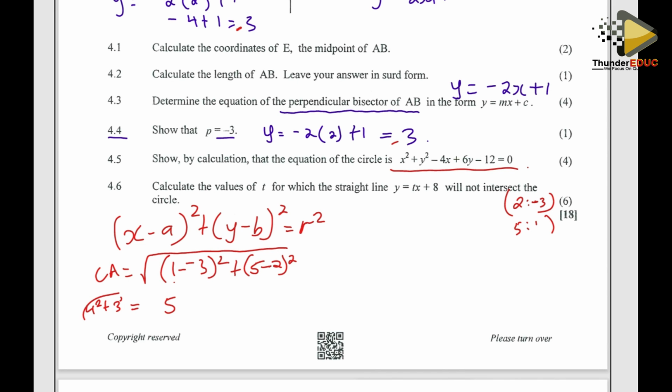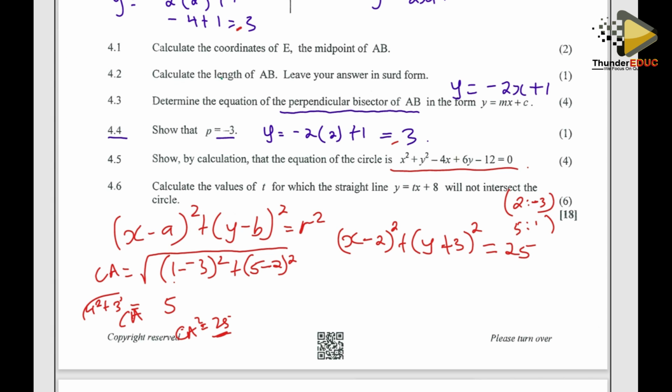So under the square root, our CA is 5, and then r squared is going to be 25. So do the substitution: (x - 2)² plus (y + 3)² is equal to 5², which gives me 25. We switch the sign because that's a negative.